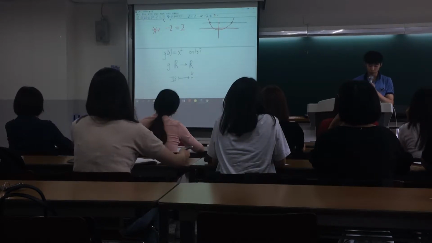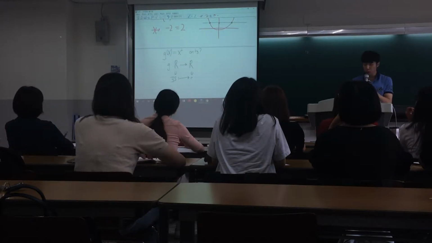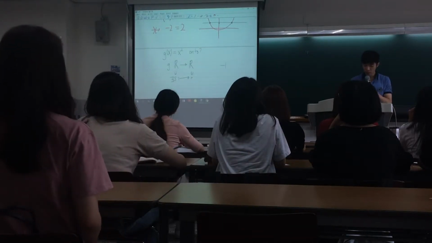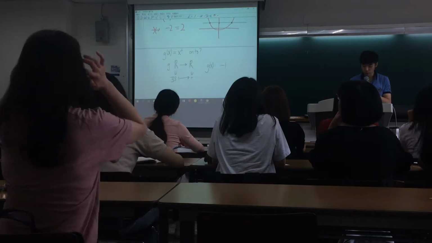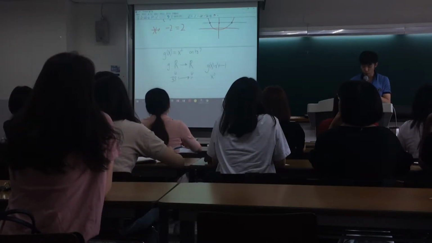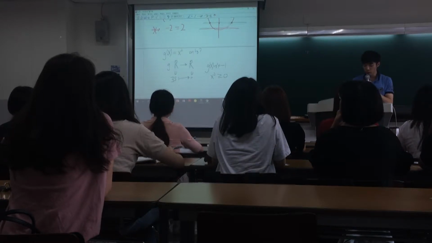We need to find an s for each r in the codomain. That's what it needs to be onto. But obviously we can't do that for something like -1. g of x, which is x squared, is never going to be -1. We know this because x squared is going to be at least as big as 0, but 0 is strictly bigger than -1. And so we know that this is not onto.